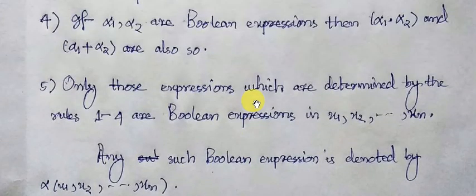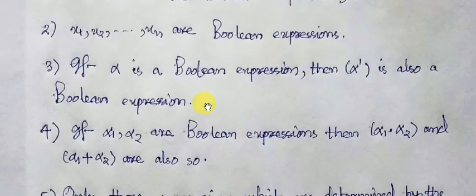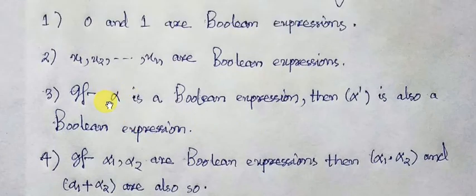In general, if alpha is a Boolean expression, and if we consider the complement of this Boolean expression, that means alpha complement, this will also be a Boolean expression. So for any Boolean expression alpha, its complement is also a Boolean expression.